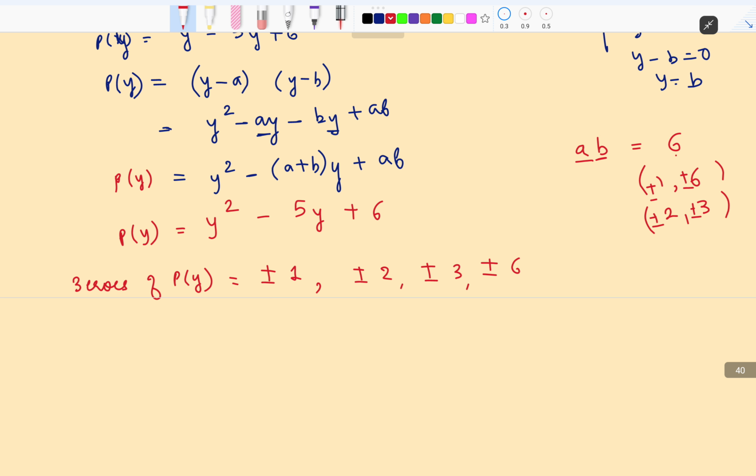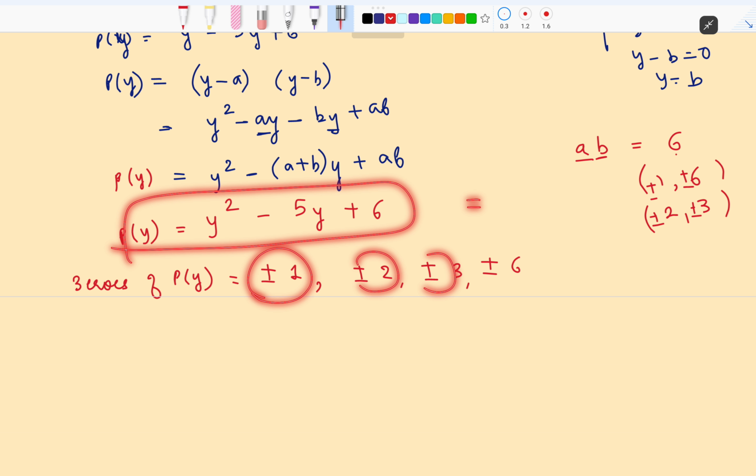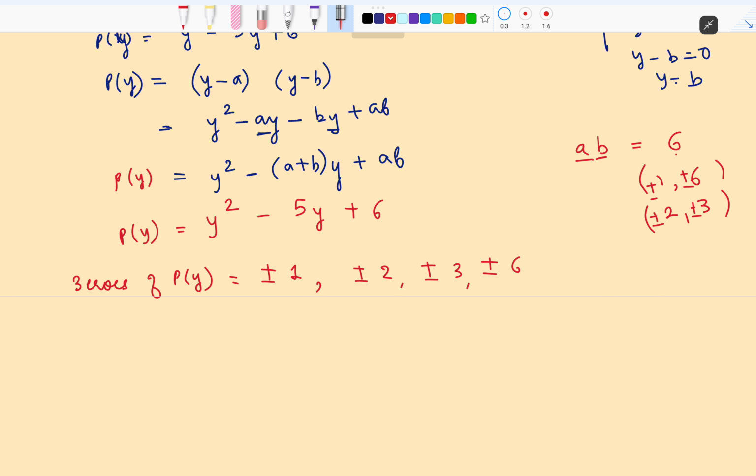अब यहाँ हमें hit and trial करके we have to put these values in this equation and see which value equals to 0. That will be the zero of the polynomial. So hit and trial. Let me check.